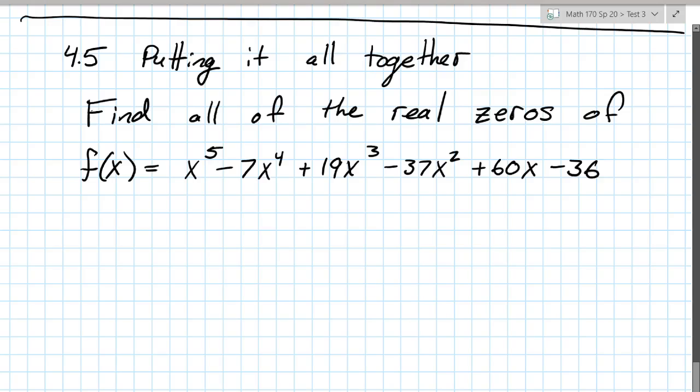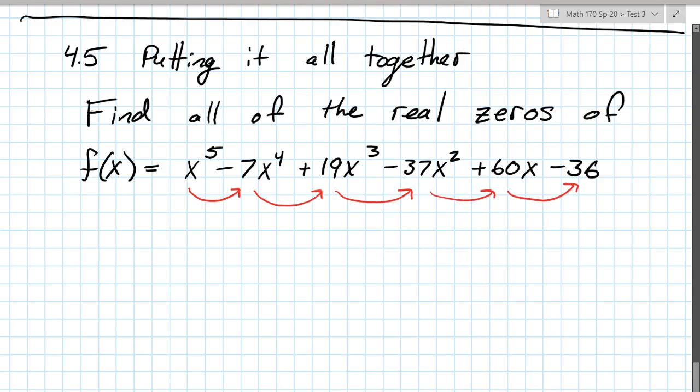degree polynomial. And we want to decide whether or not we want to look for some positive zeros or negative zeros. So use Descartes' Rule of Signs to decide what that's going to look like. So we're going to go positive to negative to positive to negative to positive to negative.